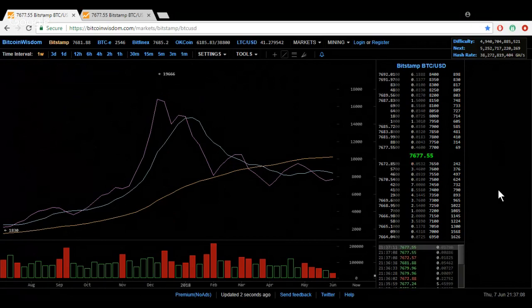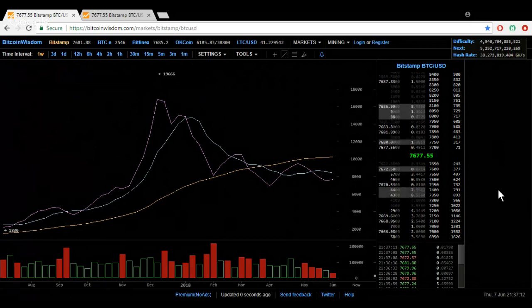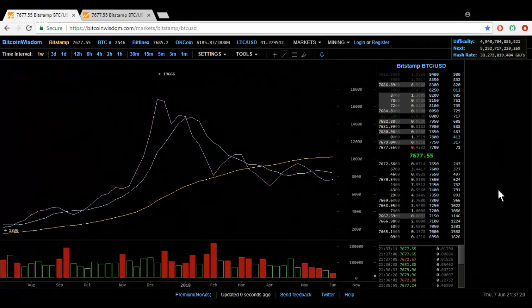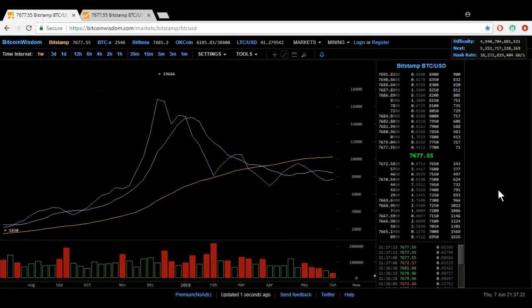So the 30-week is like 210 days, but that little variation I have seen helps to keep you slightly different than the crowd using the standard numbers. So anyway, you're looking at a 2, a 7, and a 30.